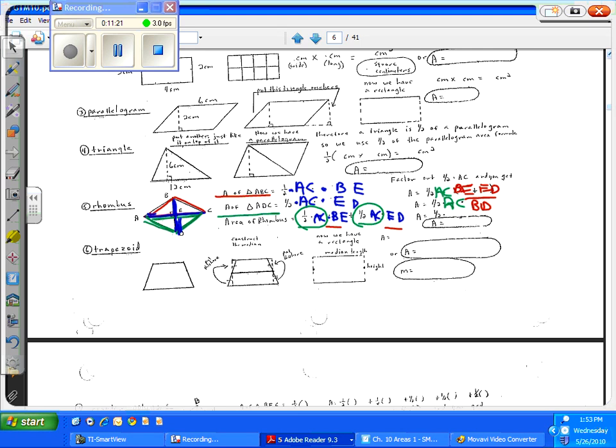Now let's look at what we've got. We've got AC, that's this diagonal. BD, that's this diagonal. What we've got right here is 1/2 diagonal 1 times diagonal 2.